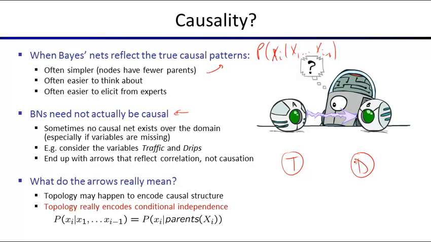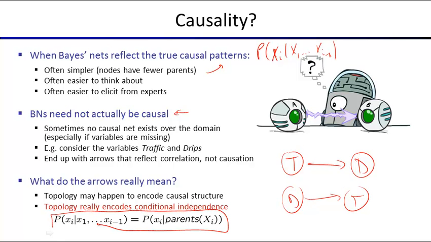You pick T first or D first, mathematically no real difference, we know that. You'll pick one of them first. If we pick T first, it'll look like this. If we pick D first, it'll look like that. So keep this in mind. The arrows encode conditional independence, and it's this particular assumption over here that is encoded by the arrows.